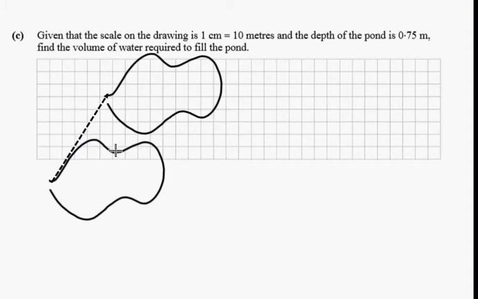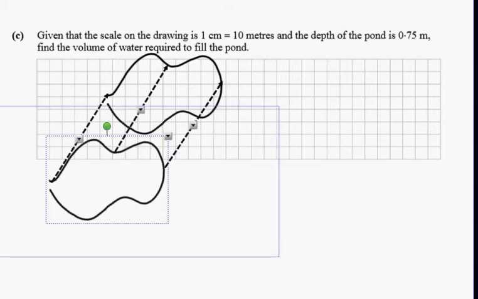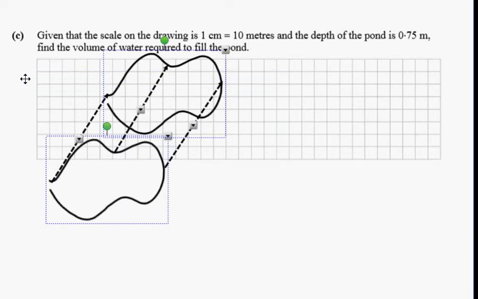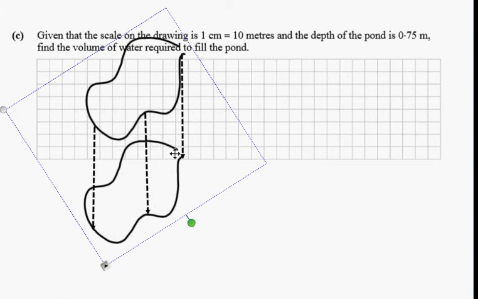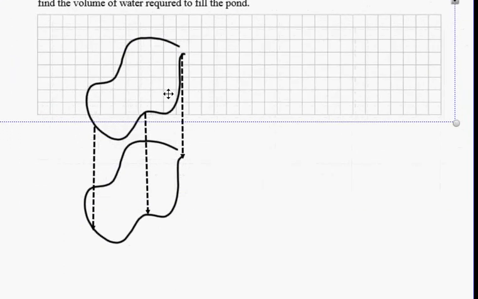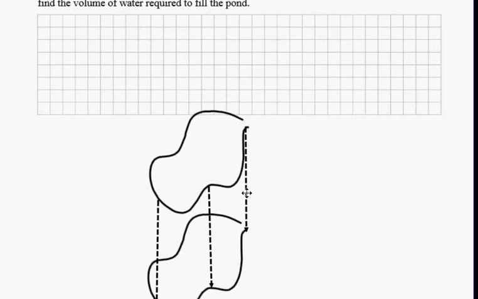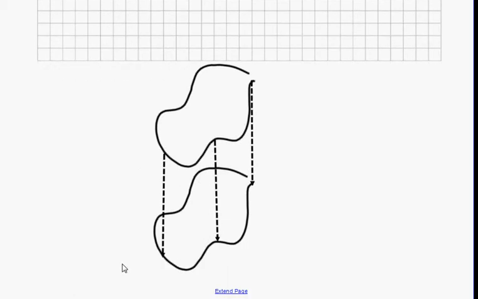Volume is 3D. So if you imagine this is now a lake, as in it's full of water. If I turn this upside down, you can see that it sort of resembles a lake. Okay? So you have your area multiplied by your height. Would you agree with that? Area multiplied by height.